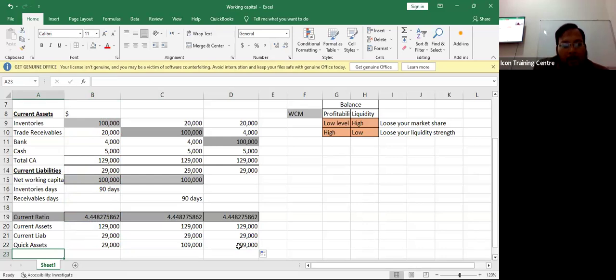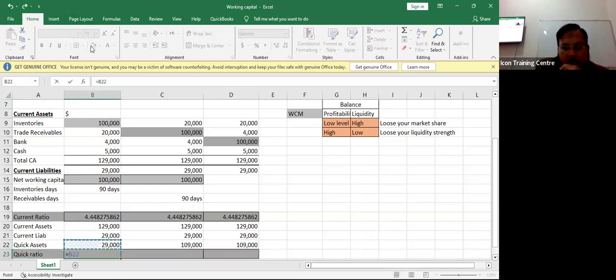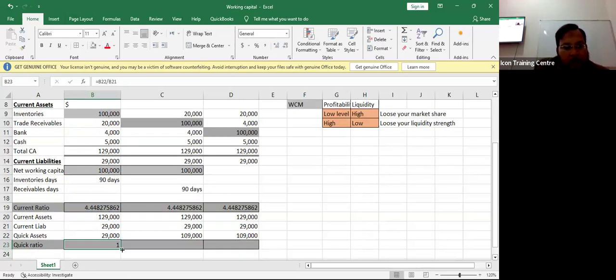You see, now your quick ratio will be equal to this divided by this.